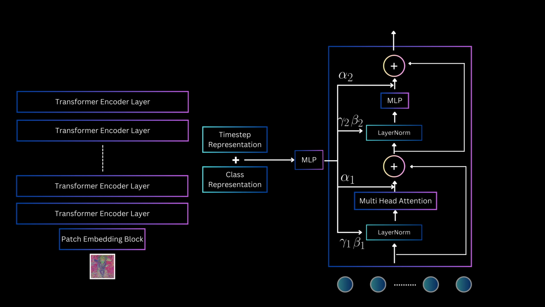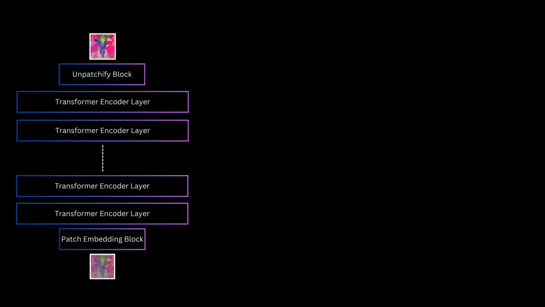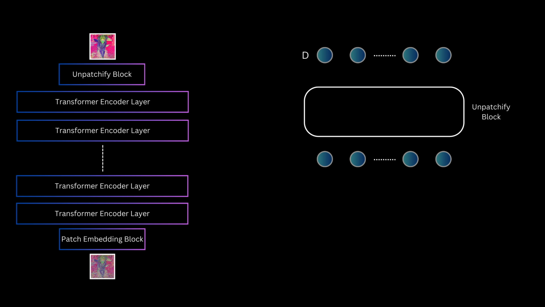After the last layer, to convert the d-dimensional tokens to patches of latent image, we have the unpatchify block. We convert each token to ph times pw times channel dimension using a layer norm and MLP. And it will be either the noise predictions for each of those input patches or predicted denoised patches.